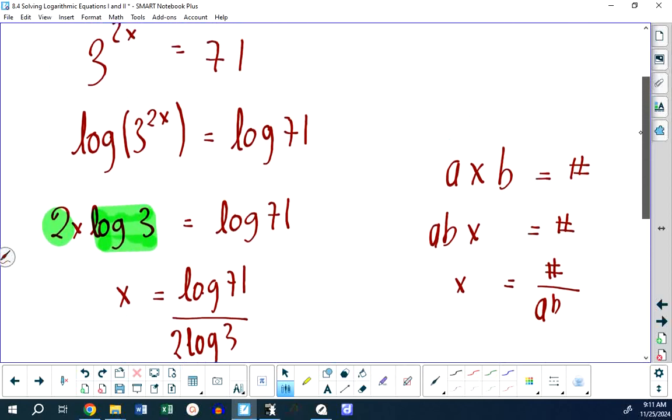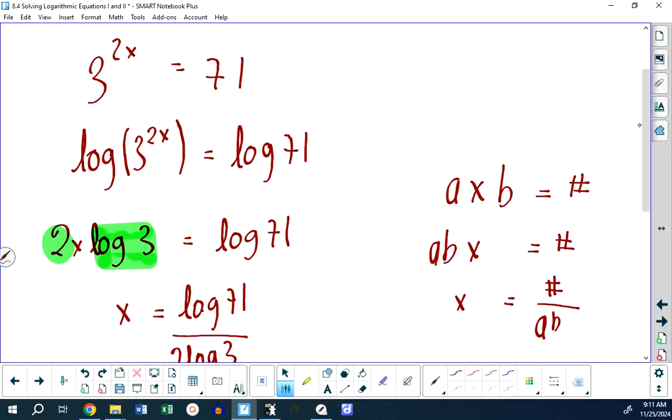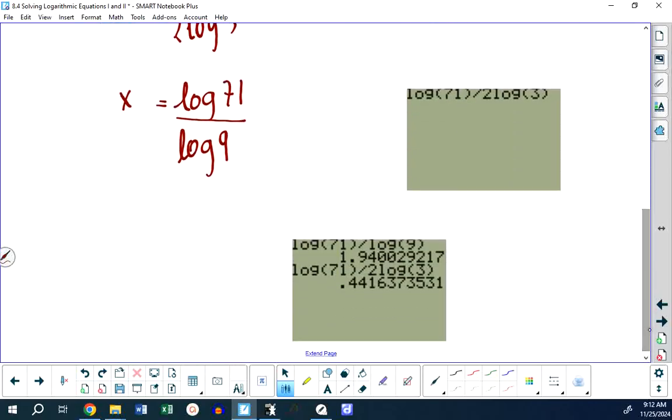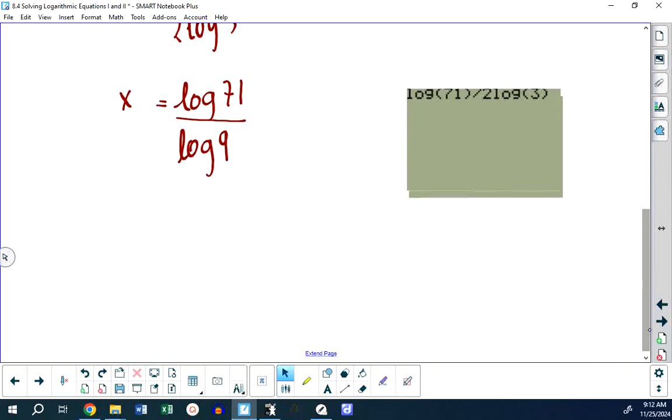Really, I could have saved myself the heartache there and just left the 2 up and moved only the x down. It's not a heartache, it's not a big deal. And if you want to know the decimal approximation of that, then you can. Interesting. I guess I better talk about that.